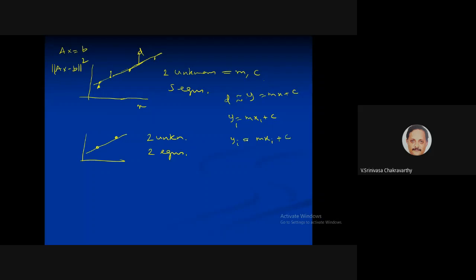For these various values of x_i, the output value on the line is y_i, but I want this to be actually equal to some other value d_i. So this is y_i, this is x_i, but this is d_i. It's not always possible, but this is what I want. In this example, I have 5 data points.